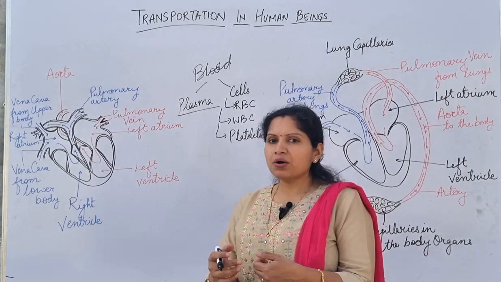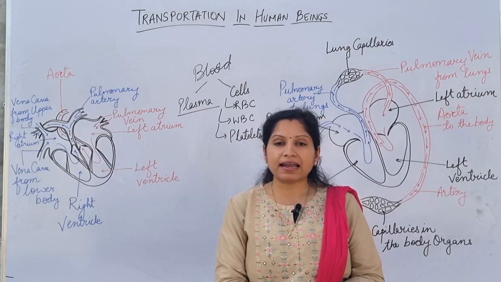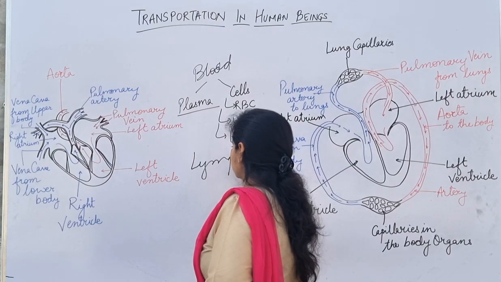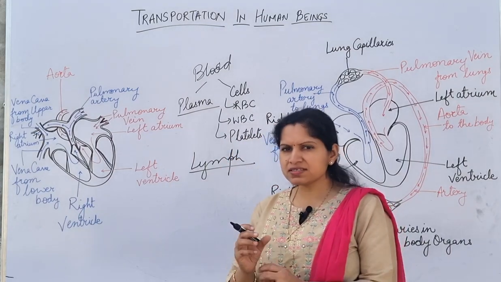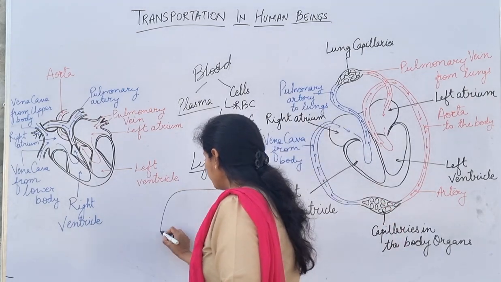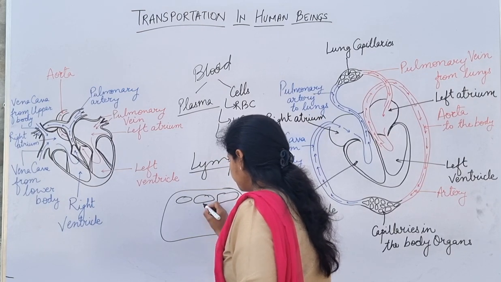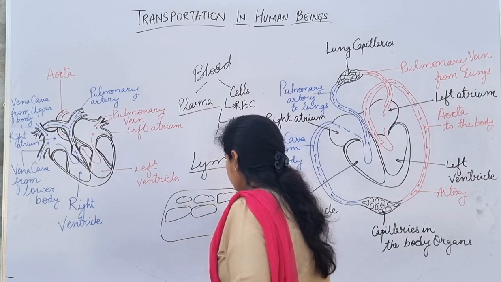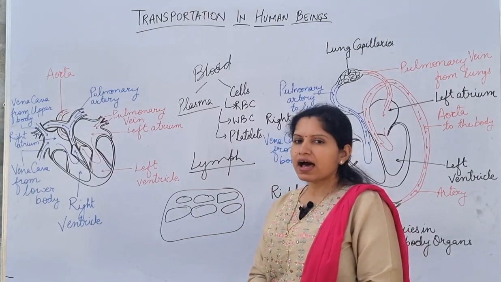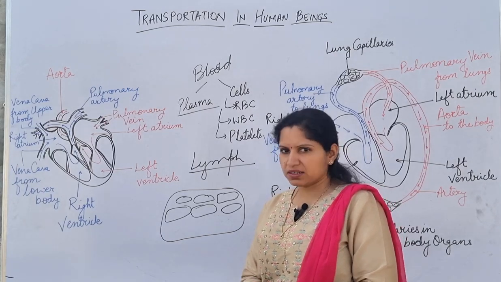Okay, now coming to the last topic from this transportation topic, that is lymph. Before understanding lymph, just now let us study about the structure of a tissue. So if we talk about a tissue, there are different cells in a tissue. These are some of the cells, but there is some space between the cells, and the space is known as intercellular space.